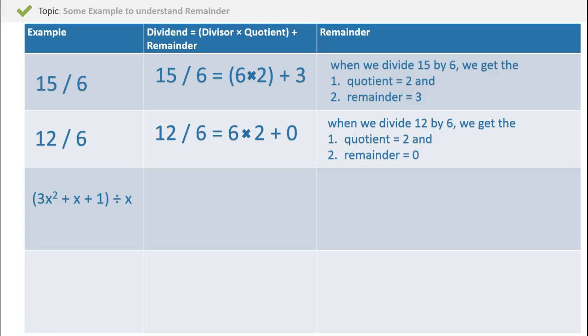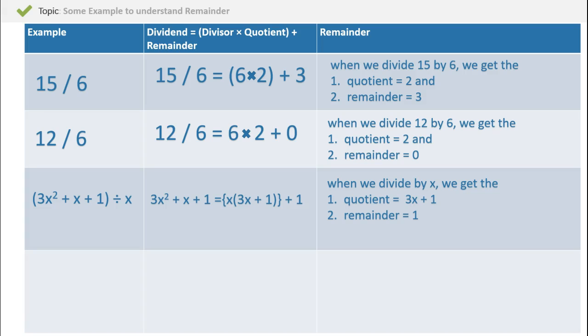Now let's take an example of polynomial divided by polynomial. So when you try to divide 3x squared plus x plus 1 by x, you can represent this as divisor x multiplied by 3x plus 1 and remainder plus 1.